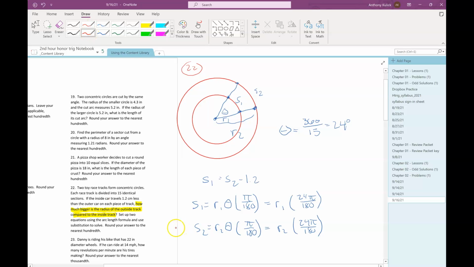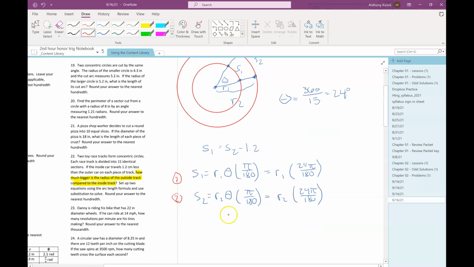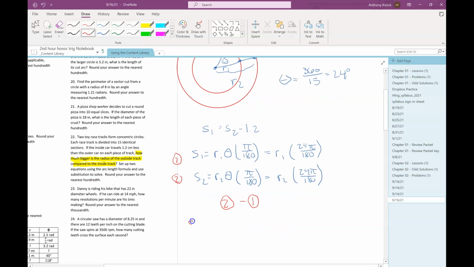So I'm going to think about this as equation 1 and equation 2, and I'm going to do equation 2 minus equation 1. That gives me on the left-hand side S2 minus S1, and then R2 times 24 pi over 180 minus R1 times 24 pi over 180.